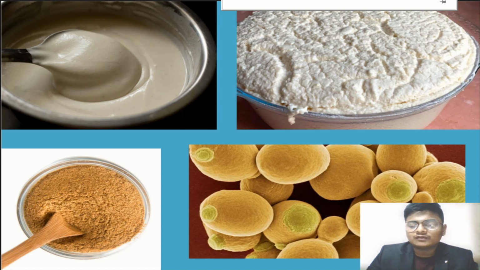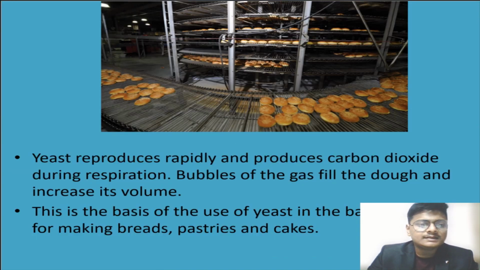I will tell you one thing, you have to check it out. You have seen puffed breads. How does that happen? Yeast is used in this. Yeast reproduces rapidly and produces carbon dioxide during respiration. That is why the gas bubbles fill the dough and increase its volume.